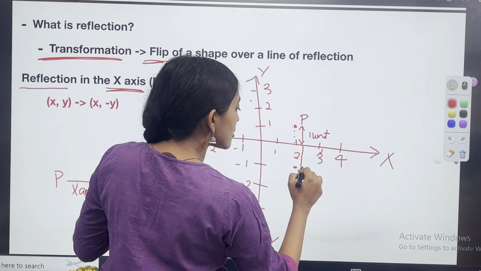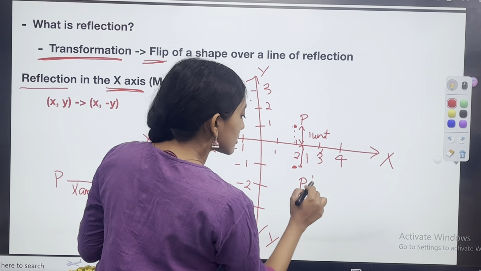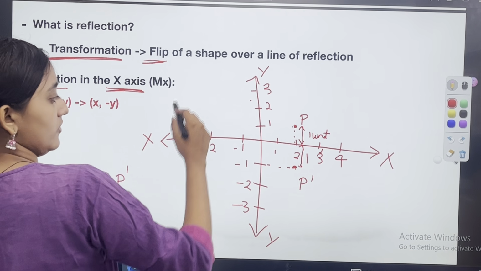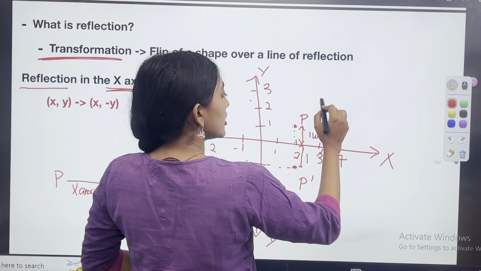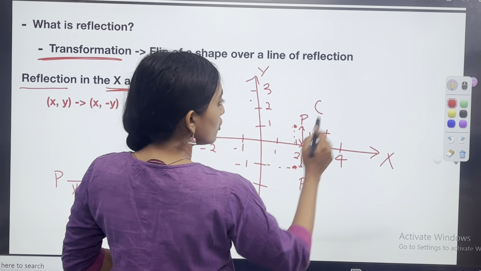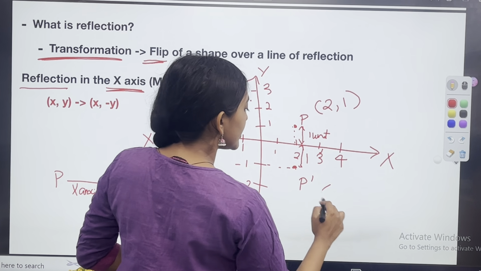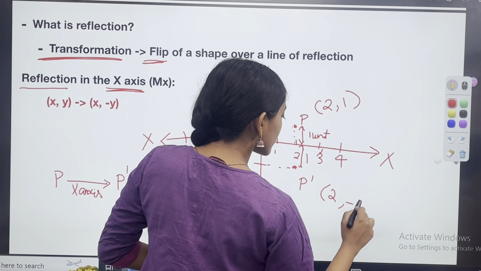So there will be a distance of 1 unit between the reflected point P dash and the mirror. Okay, so if this particular point was 2 comma 1, the reflected point P dash is 2 comma minus 1.